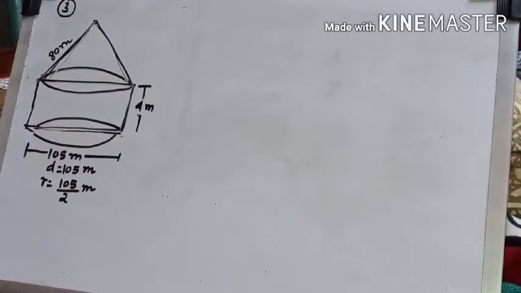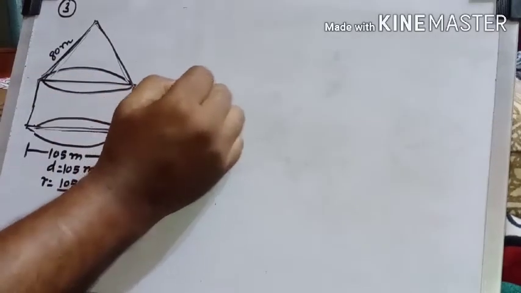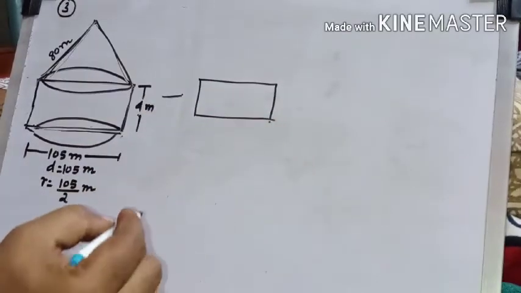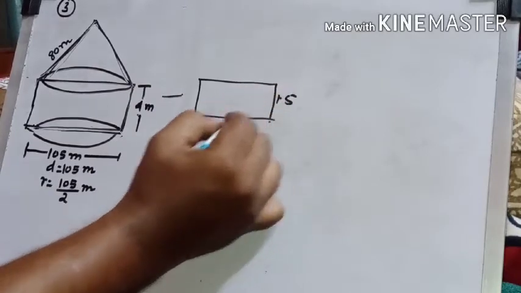Additional question in this question number is you have to find the total cost of canvas also to make the tent if it is sold at a rate of 15 rupees per meter, and width of that canvas, which is rectangular in shape, is 1.5 meter. Means this is conical and this is made with the help of a rectangular piece whose width is given how much? 1.5 meter.